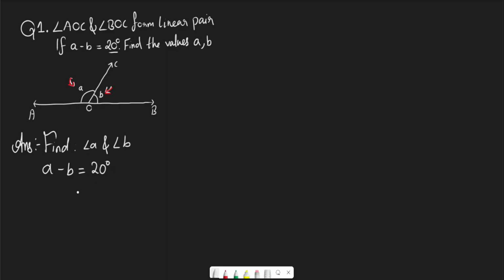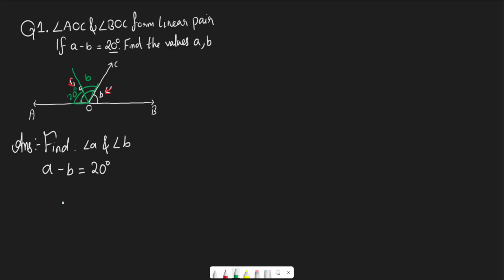So what this statement says is, we have our angle A here. In angle A, if I remove B from it, apparently that will give you 20 degrees as leftover.